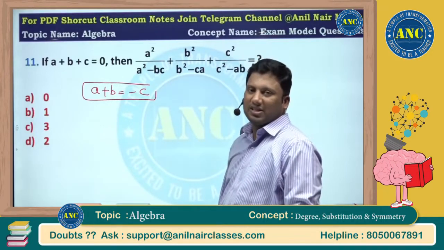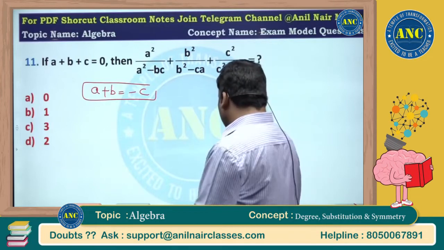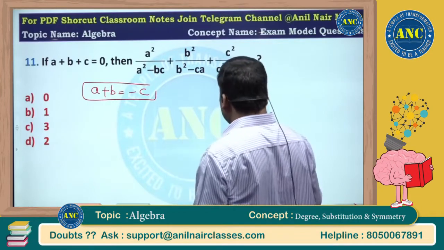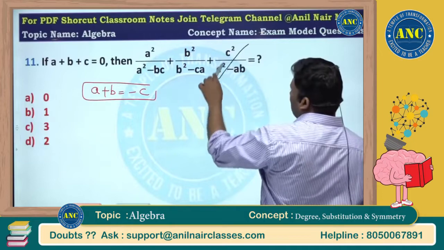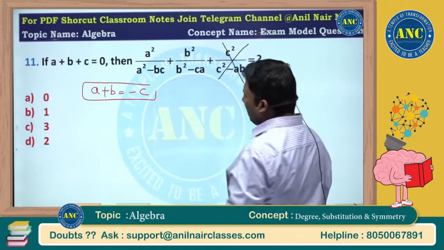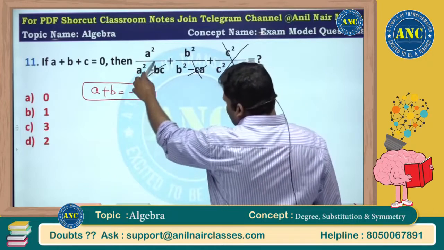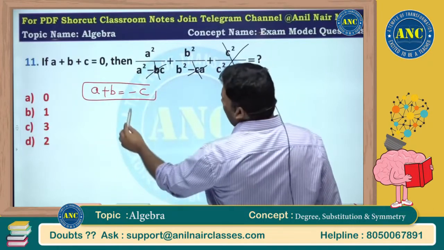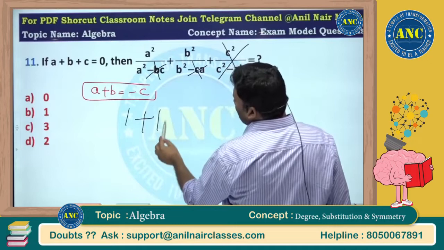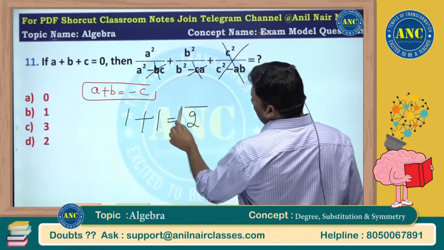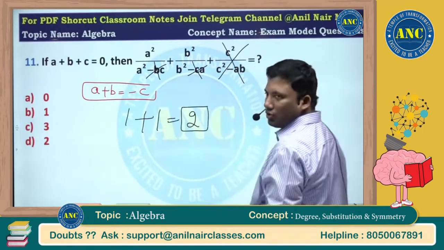A plus b plus c is 0, so a plus b is equivalent to minus c. Wherever c is there, we will make it 0. 0 by anything is 0, possible. A square by a square is 1, b square by b square is 1, 1 plus 1, the answer will be 2.